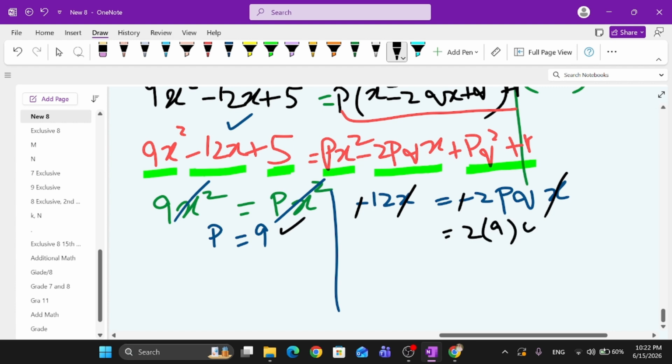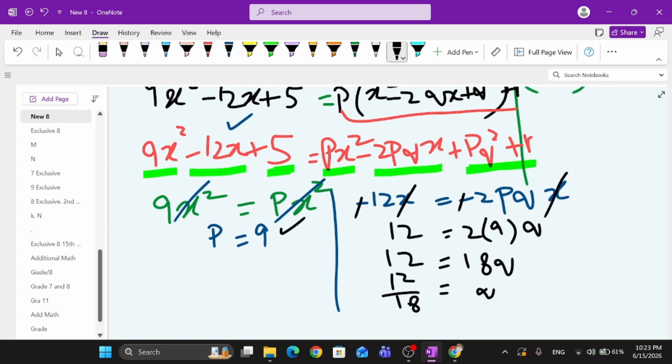So 18q is equal to 12, or q would be equal to 12 divided by 18. With the 6 times table, 6 2s are 12, and 6 3s are 18, so the value of q we have got is equal to 2/3.